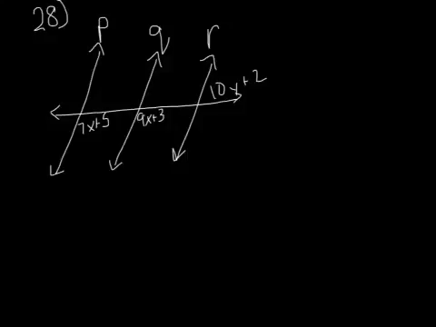So right away it tells me line P is parallel to line Q. So we go ahead and draw our little arrows so that we remember those 2 lines are parallel. Then Megan makes a conjecture that line P is also parallel to line R. Now we learned a theorem that tells us that if line P is parallel to line Q and line Q is parallel to line R, then that means line P is going to be parallel to line R, meaning all 3 lines are parallel to each other.